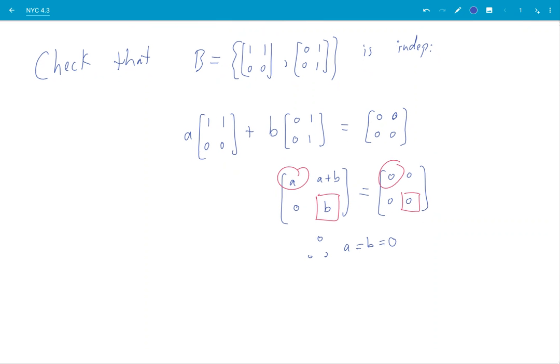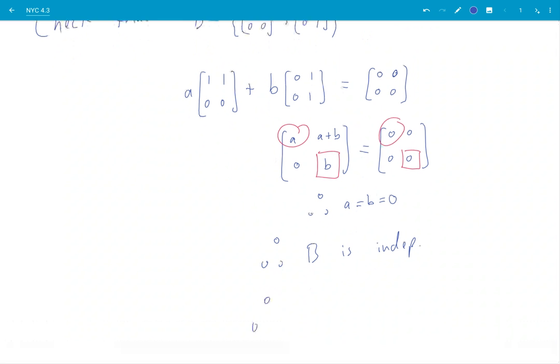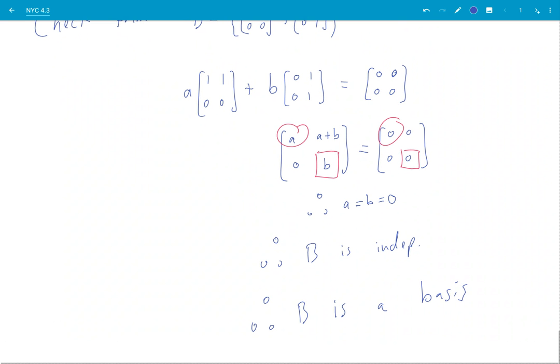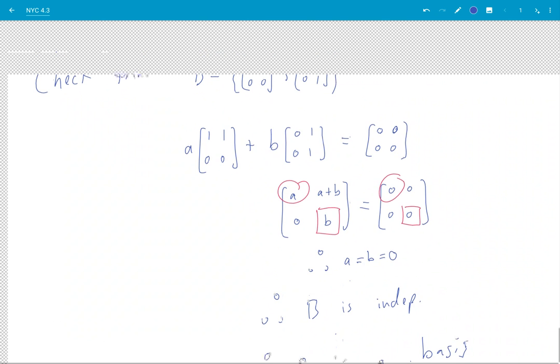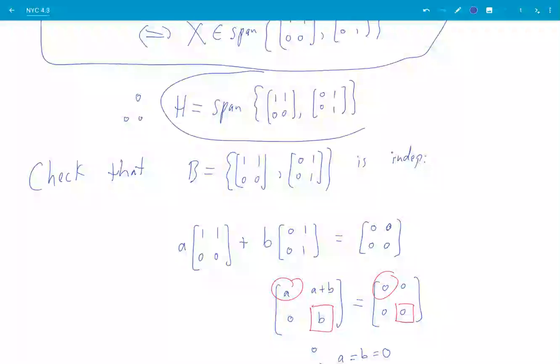What does this mean? Therefore, B is independent, and therefore B is a basis for H, because it's independent and H is equal to the span of B.